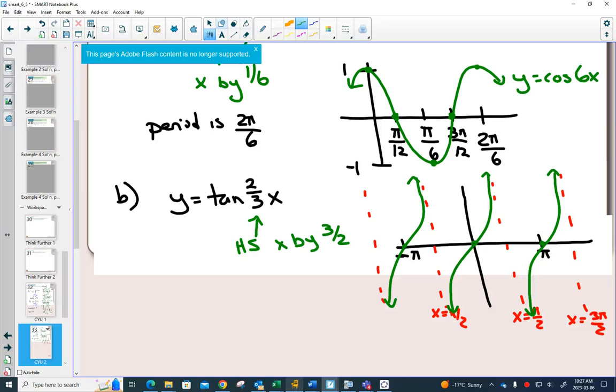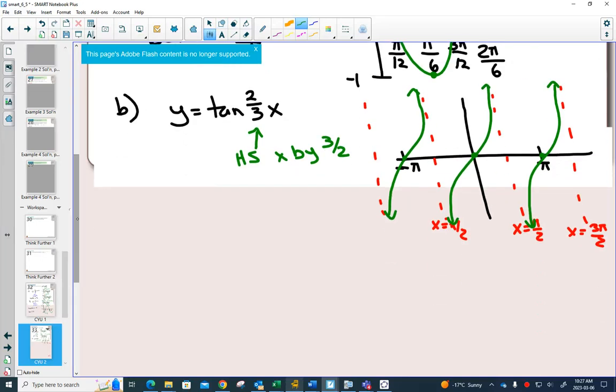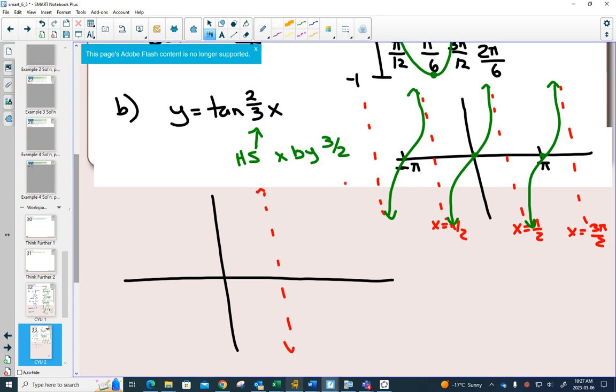If I want to do a horizontal stretch and multiply each of my x values by 3/2, we are still going to have asymptotes that keep repeating themselves.